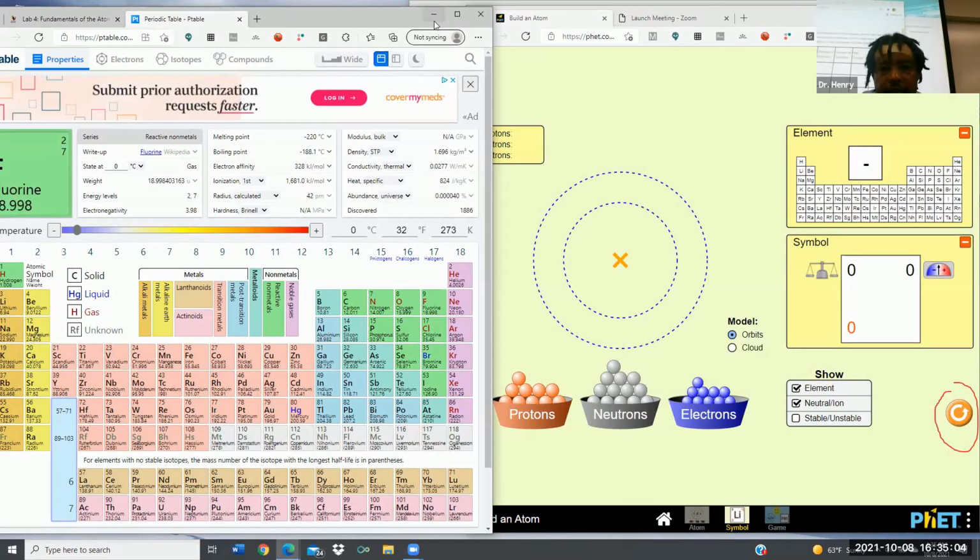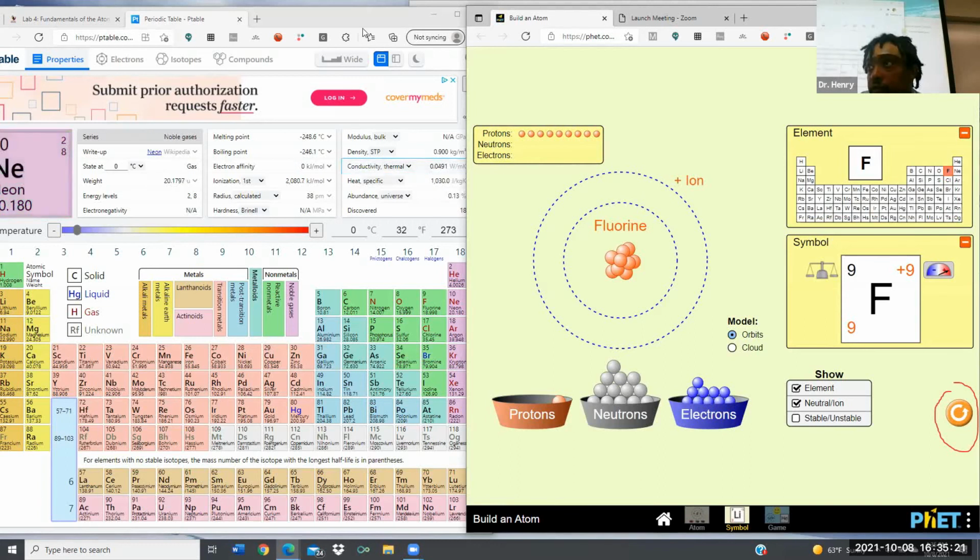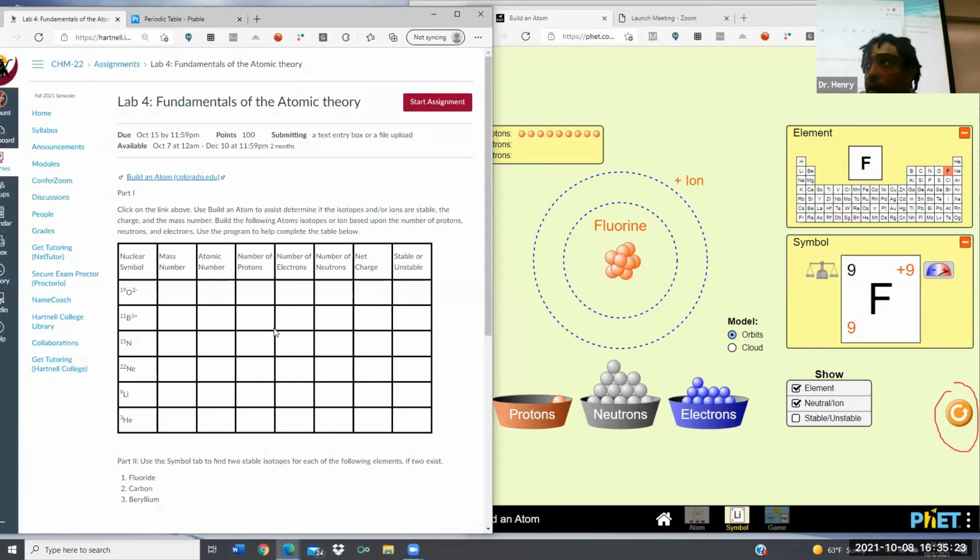So then you're going to drag 9 protons in there. Okay, so it tells you what it is.